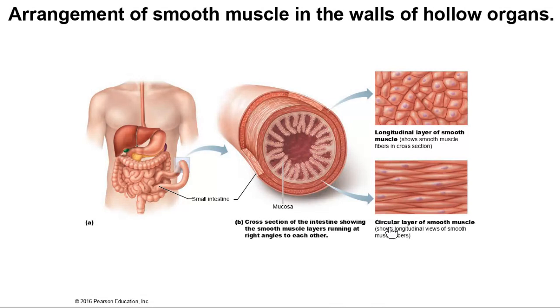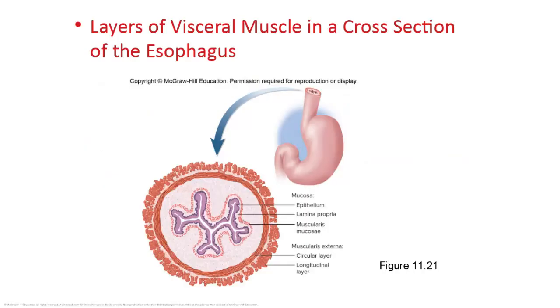You will then see contraction of the circular layer, which is the inner layer here. When this contracts, it causes the lumen to constrict or become more narrow. This is just showing you again. Now, you will not be asked in this class to identify these layers histologically. In Bio 139, you will be asked to identify all of these parts.